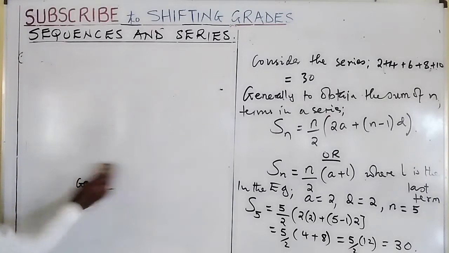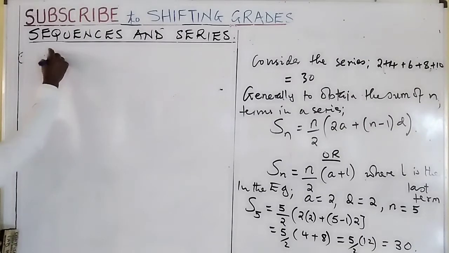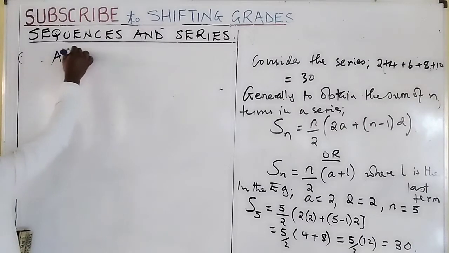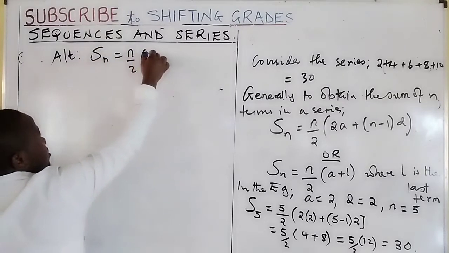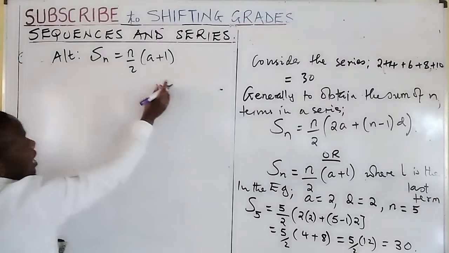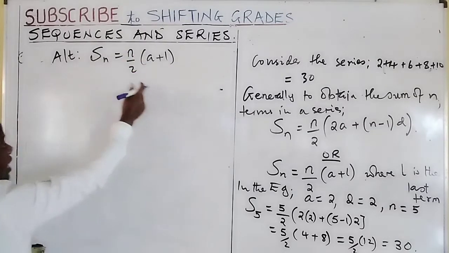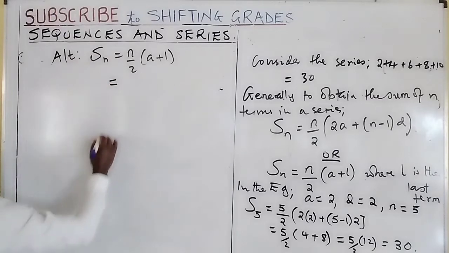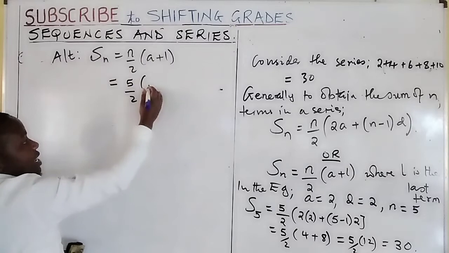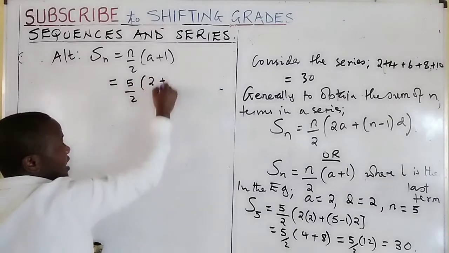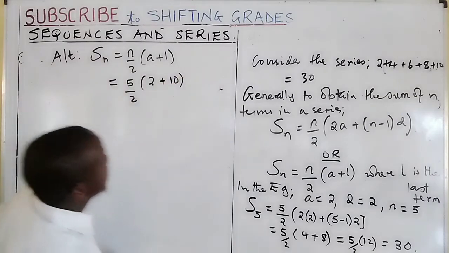We can check the second method and say alternatively, the sum of n terms is given by n over 2 into a plus l, where n is the number of terms, a the first term, l the last term. Therefore, n is 5, a is 2 and l is the last term in that series, which is 10.